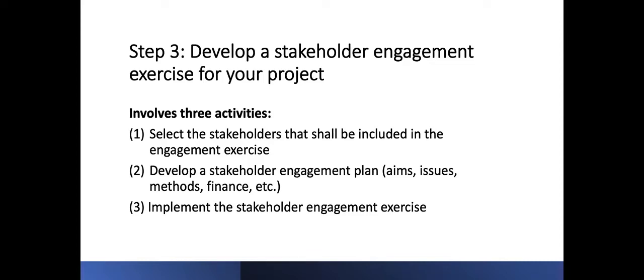The next activity is then to develop a stakeholder engagement plan, which includes the development of the aims or the issues and questions that you want to discuss with different stakeholders, but also the selection of the different methods that you use in order to develop a stakeholder strategy, and also questions around finance and the timing of a stakeholder engagement exercise and so on. And then the third activity is to actively implement the stakeholder engagement exercise and make it happen in practice. So now we will run through each of these points in more detail.